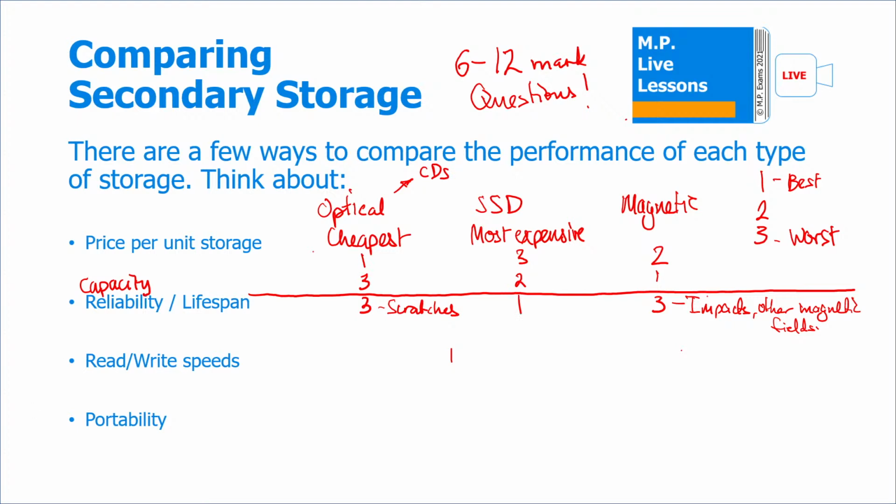They rarely get damaged. However, with lifespan, SSDs start to run out a bit, or they start to degrade. Whereas opticals, I'm not sure. Whereas magnetic often stays magnetic for a long time.